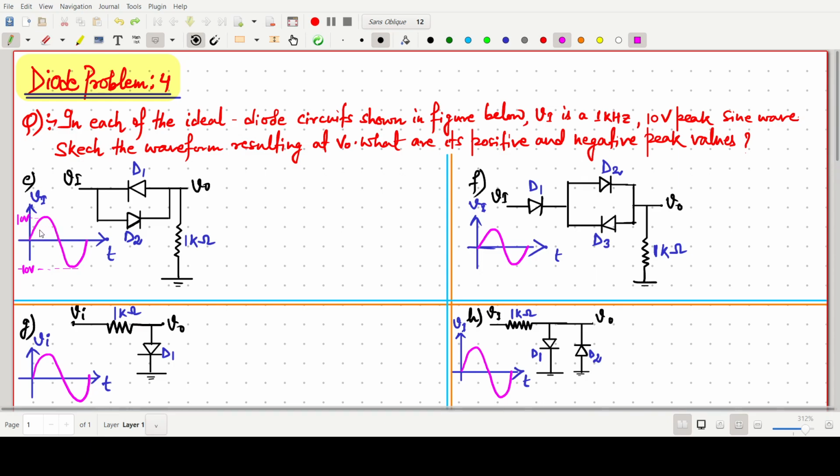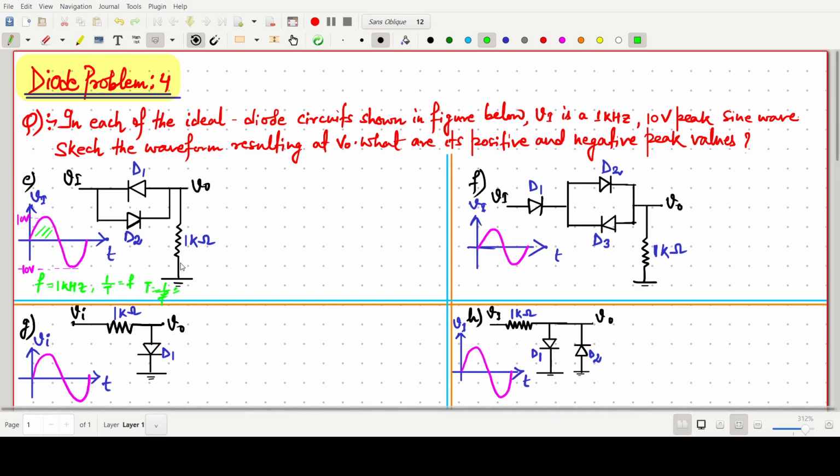So in this case, for the positive half, for this half. One more thing, frequency is given 1 kilohertz, so time period T, 1 by T is f. So time period we can say 1 by frequency.